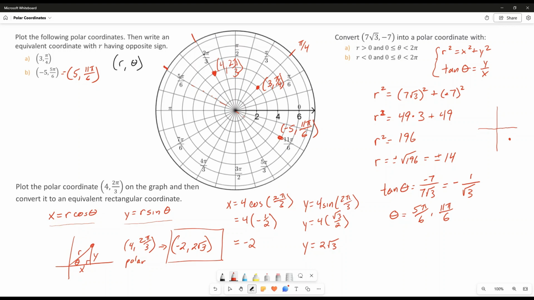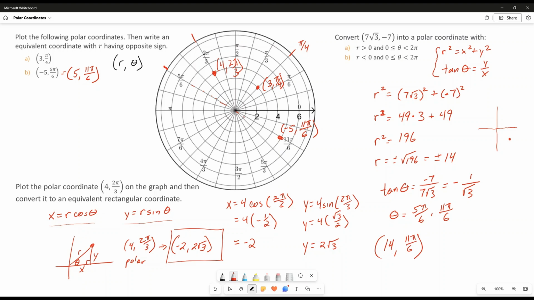So in order to use the positive 14, I need to use the angle that points into the fourth quadrant. So I'm going to have positive 14 and an 11 pi over 6.